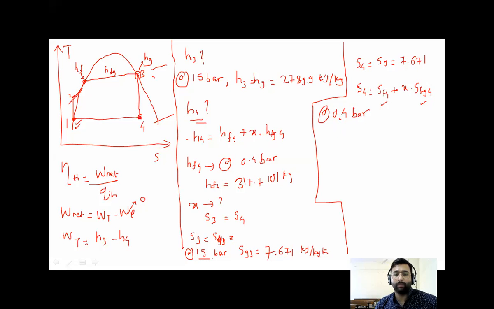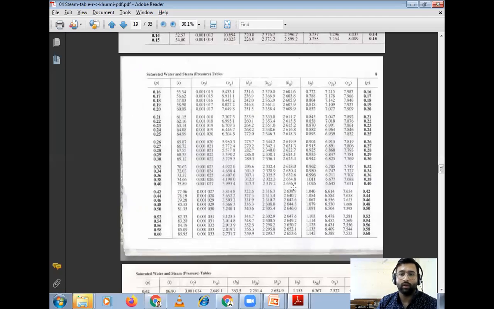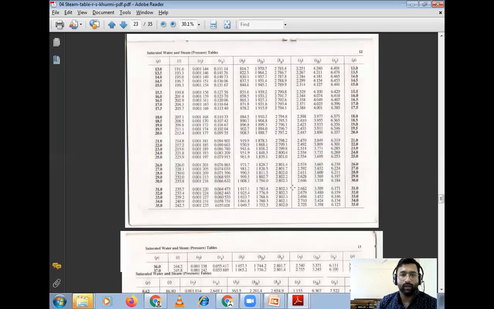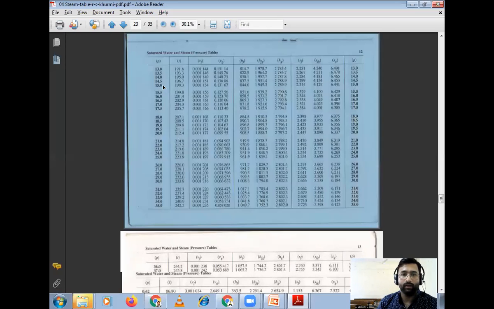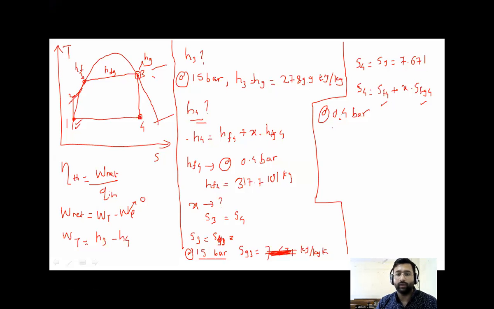Actually, we have to go for 15 bar. Yes, I'm wrong here. At 15 bar, you have to search for the Sg value. So Aditi is correct. Here it is 15 bar. Here entropy is how much? 6.441 kilojoule per kg Kelvin.